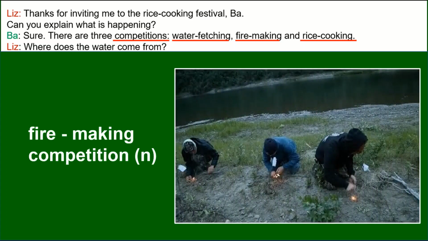And here is the picture of a fire making competition. Fire making competition is a competition in which the participants try to make fire as quickly as possible to win the game.